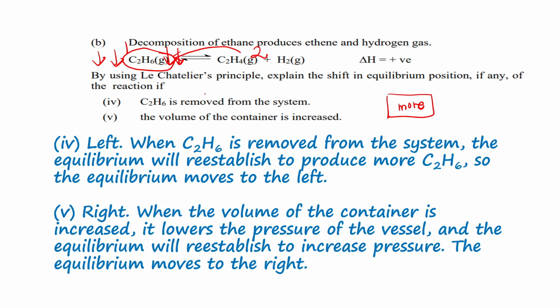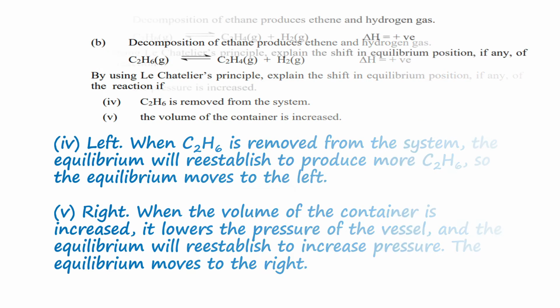Jadi dia akan shift to the right because bila volume container is increased, it lowers the pressure of the vessel and the equilibrium will re-establish to increase pressure. So the equilibrium dia akan shift, move to the right. Okay, untuk question 5.